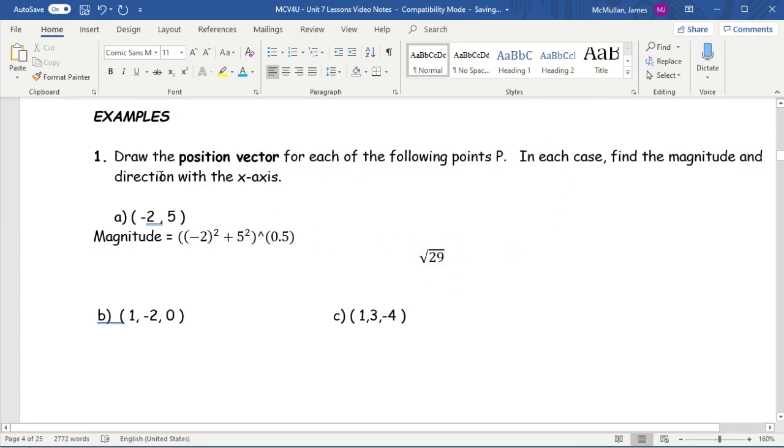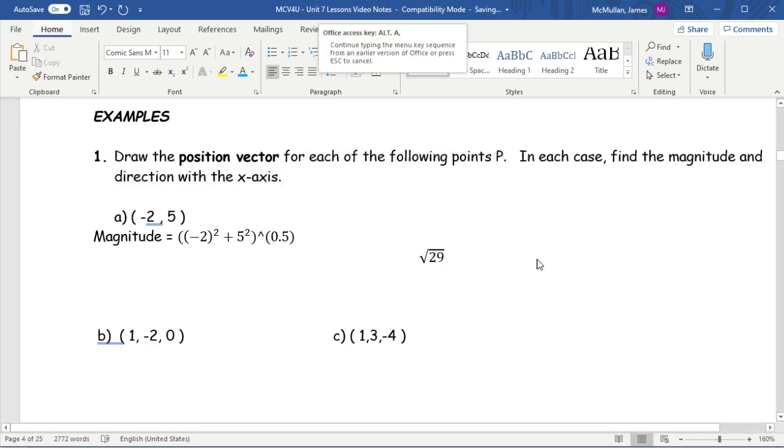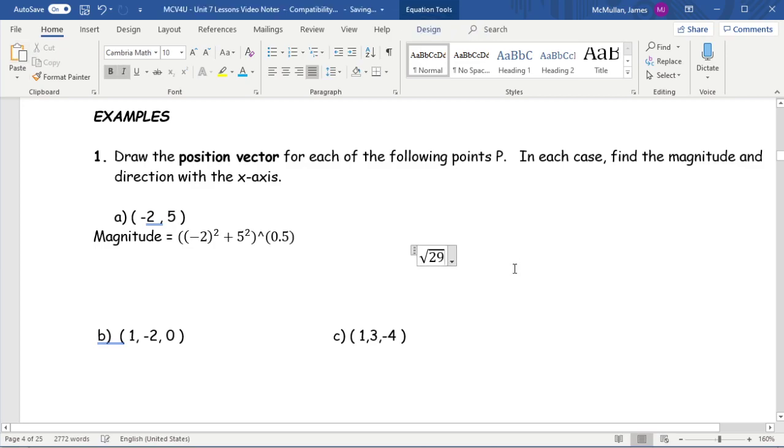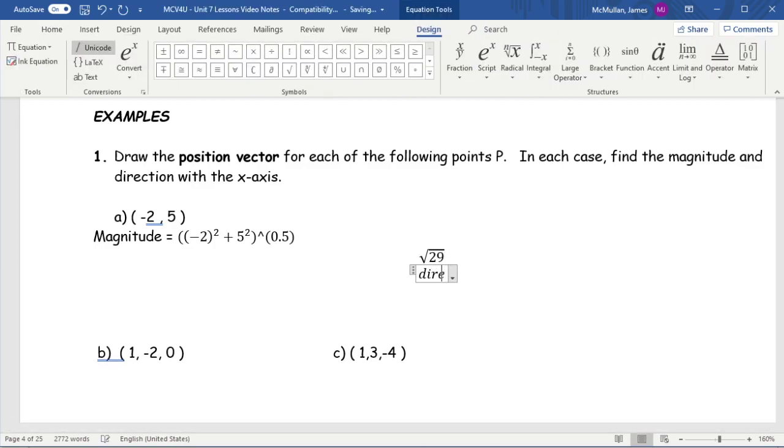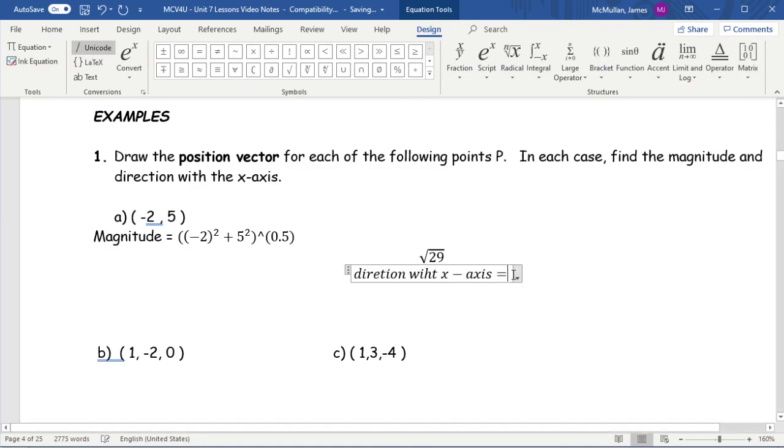Now, the direction with the x-axis. So let's write direction with x-axis. What does that mean? We called that one alpha. Just make sure I get the same thing.